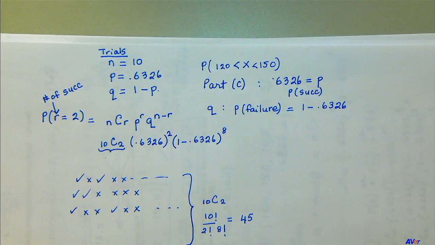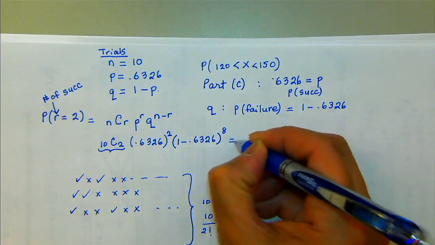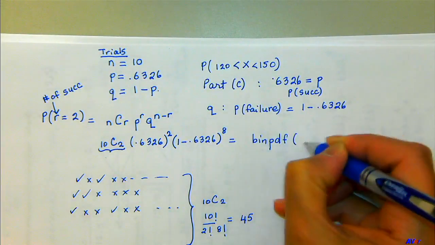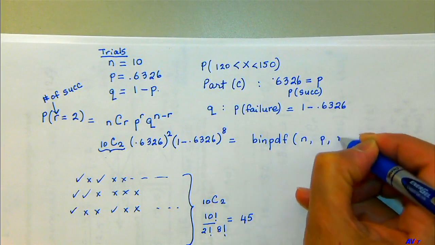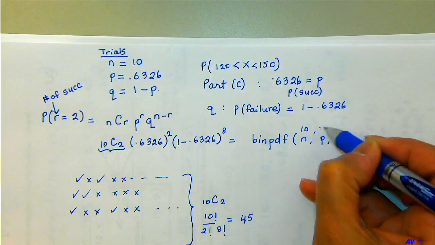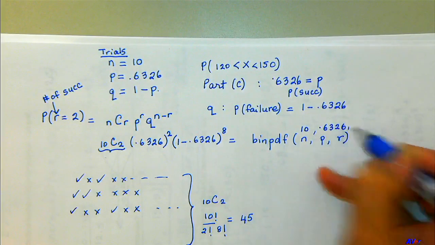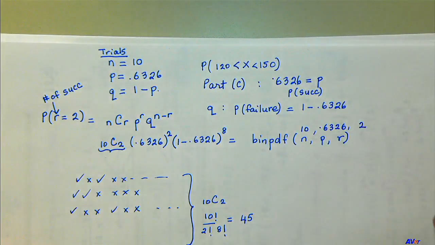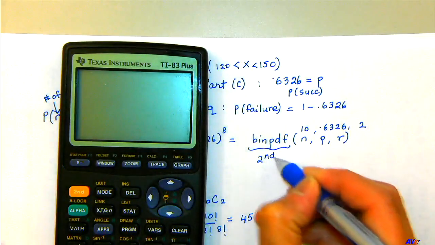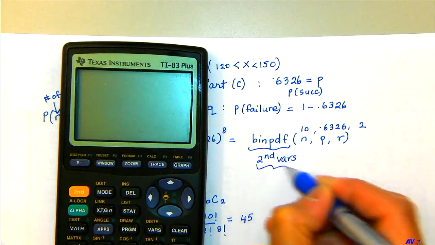Are you with me? So there's a good way to do this on your calculator. This would be binomial PDF N, P, R. So N is 10, P is 0.6326, and R is 2. Binomial PDF. So let's go to second VARS again. That will bring you to distributions.